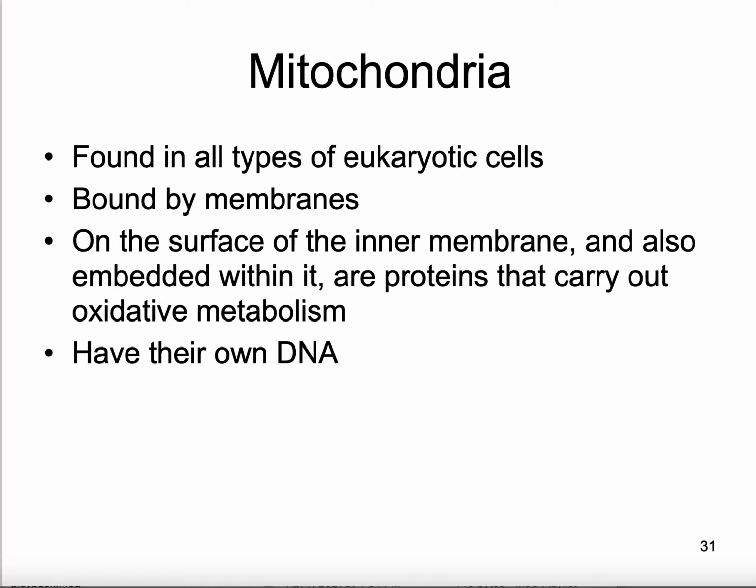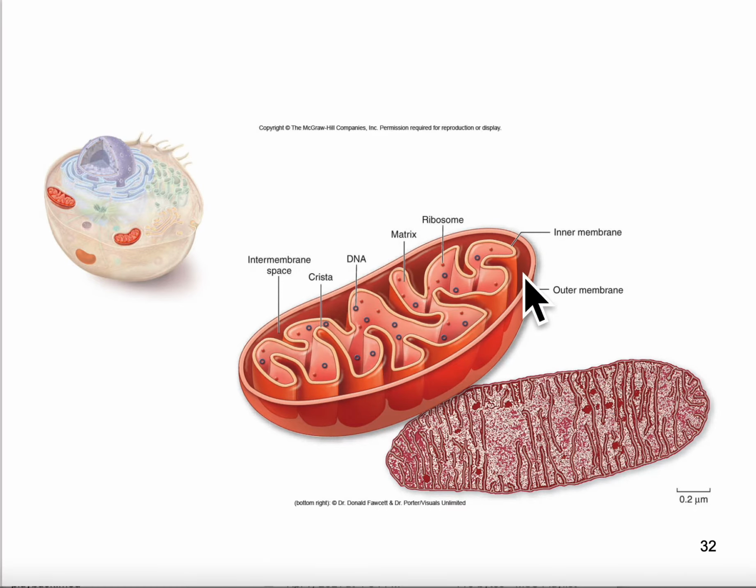Let's look at their structure first. Here is a cross-section of a mitochondrion. A single one is a mitochondrion, plural mitochondria. This right here represents a phospholipid bilayer. So one biological membrane is just like a big bubble, like we have seen in vesicles, vacuoles, and the plasma membrane. Very similar.